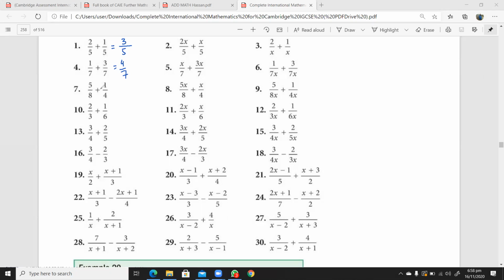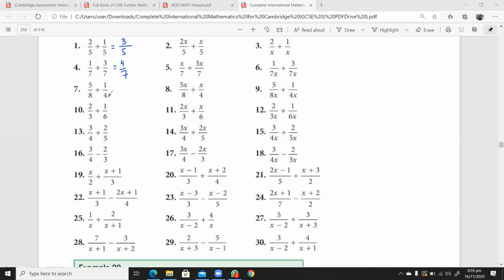Okay, when we try this seventh question over here, there are 5/8 and 1/4. We can't add them together. They should either both be quarters or both be eighths. It's easier to make the bigger number the denominator here. So the LCM of 8 and 4 is 8.